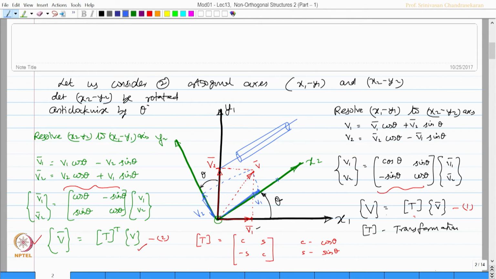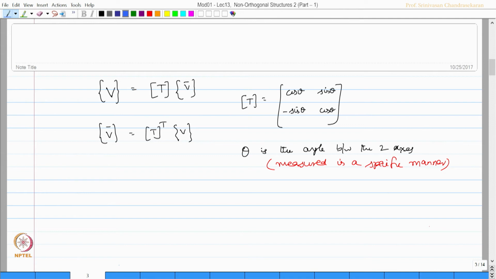So, now this becomes my local axis x m and y m, and this becomes my reference axis x and y. So, with this argument, this is my x y axis and this could be my x m y m axis.